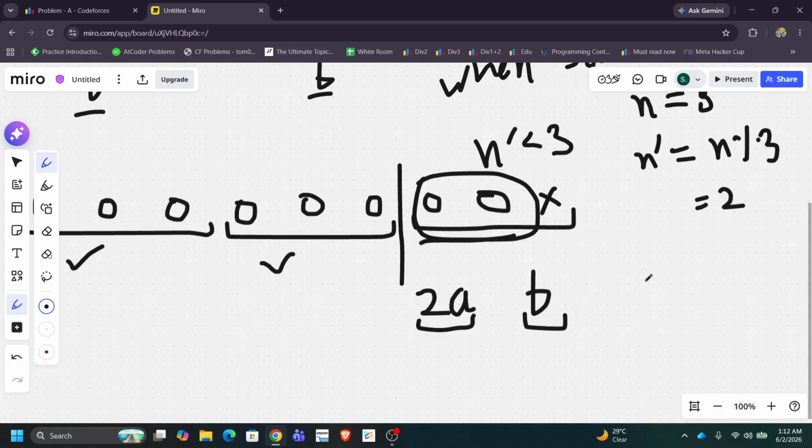So for n prime, we need to add the minimum of n prime times a, or b.